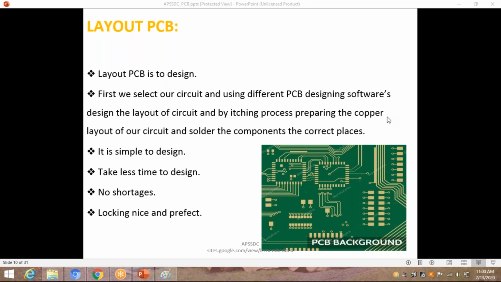Okay, here are some of the advantages of PCBs. It is simple to design, takes less time to design, no shortages. It looks nice and perfect. Is it clear, guys? These are some of the advantages of using PCBs. Okay, going to the next slide.